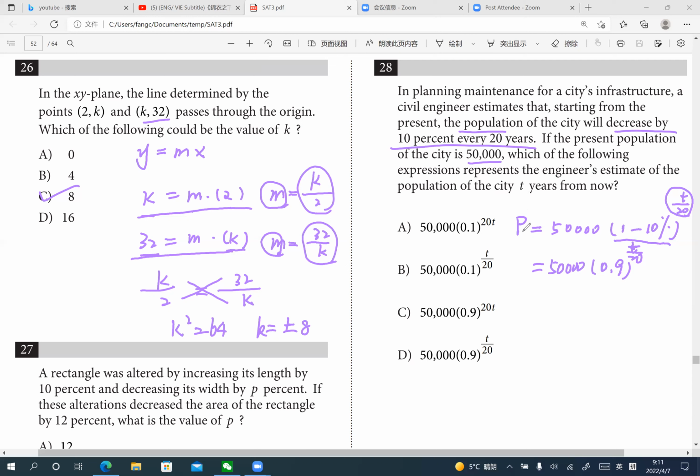I use P to represent the population of the city after t years. So P equals the original population, 50,000, times 1 minus 10% to the power of t divided by 20. After simplifying, P equals 50,000 times 0.9 to the power of t over 20. So we should choose option D.